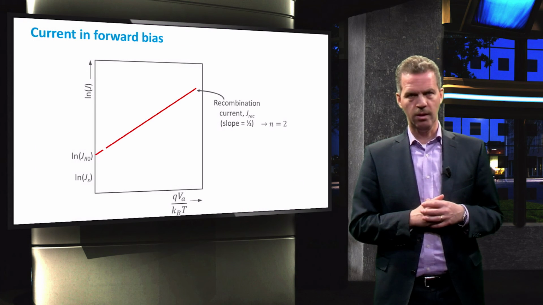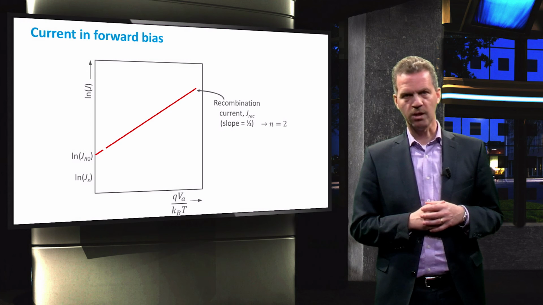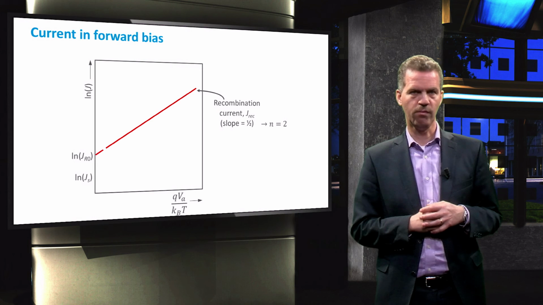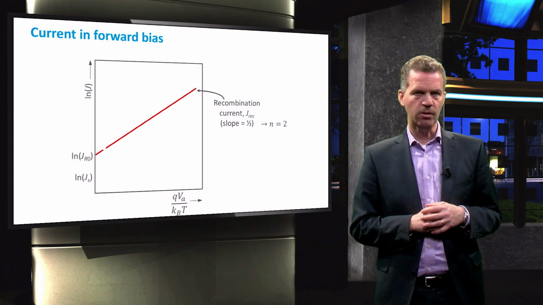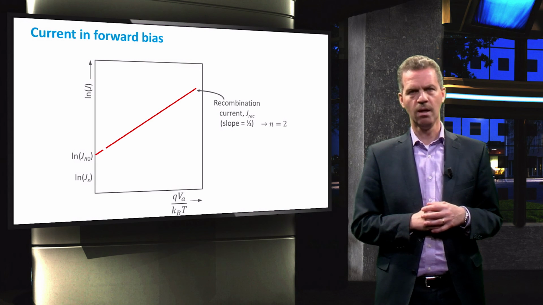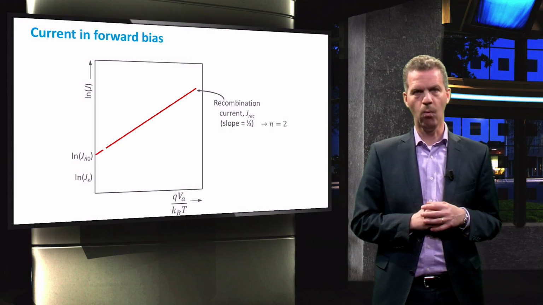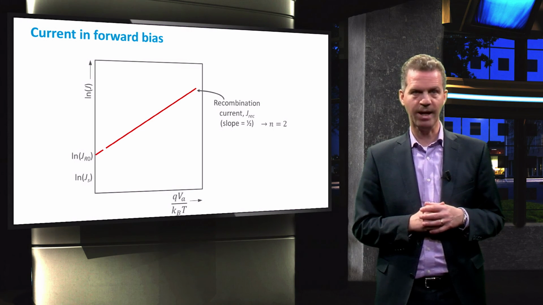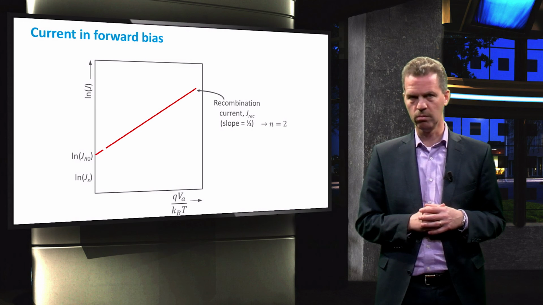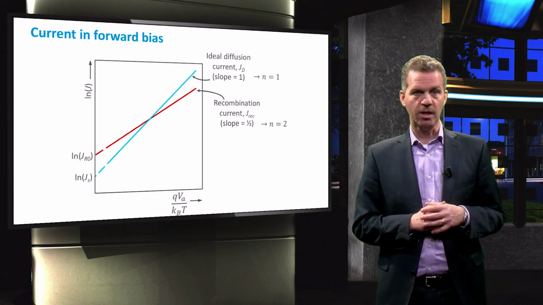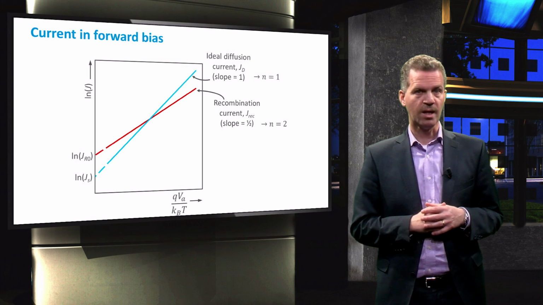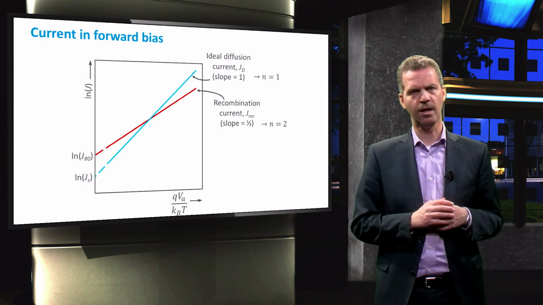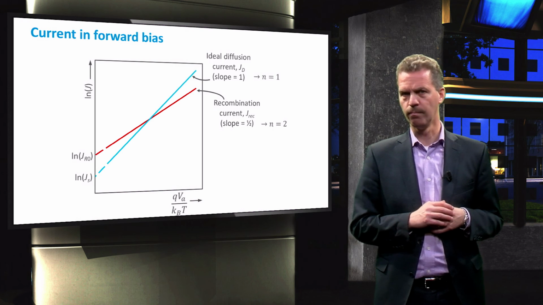When we plot the natural logarithm of the current densities versus the applied voltage, we obtain the following graph. Here you see the recombination current, which has a slope of 1 over 2, thus representing an ideality factor equal to 2. When we plot the ideal diffusion current, you can see it has a steeper slope equal to 1, implying that the ideality factor is 1.